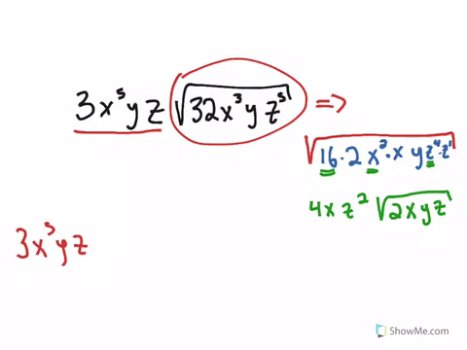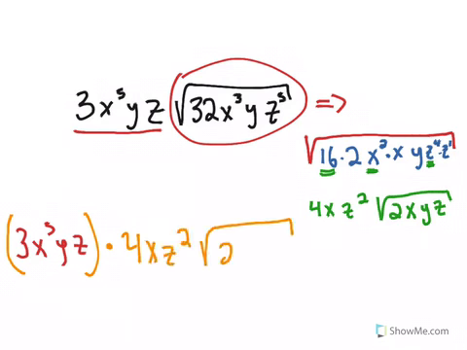Now I rewrite that right here. Remember, I'm going to put this in parentheses because it's going to be a multiplication. 4x z squared, square root of 2xyz. Now I'm going to multiply, so 3 times 4 is 12. x5 times x is x6.